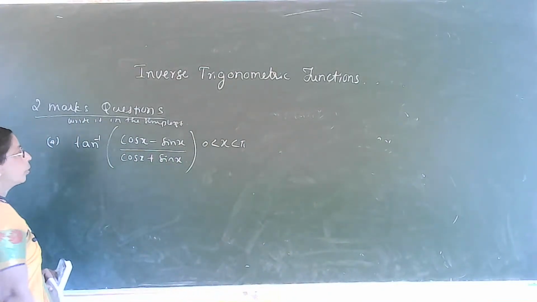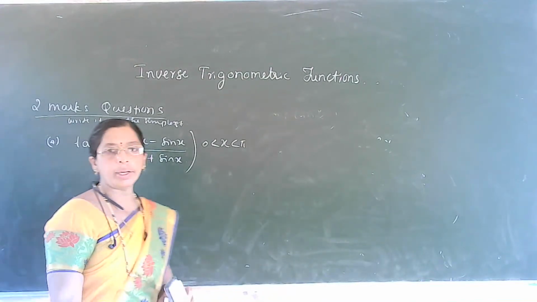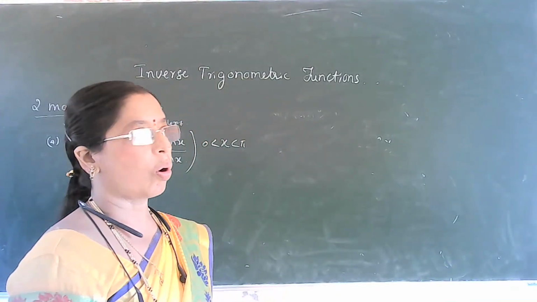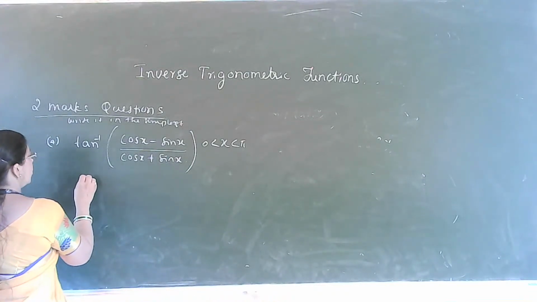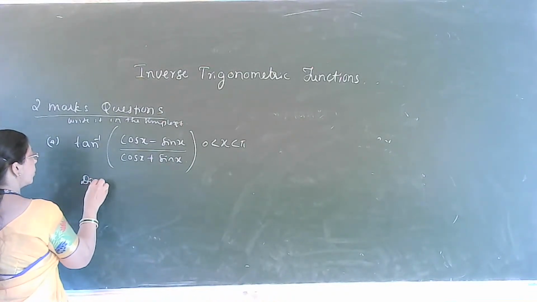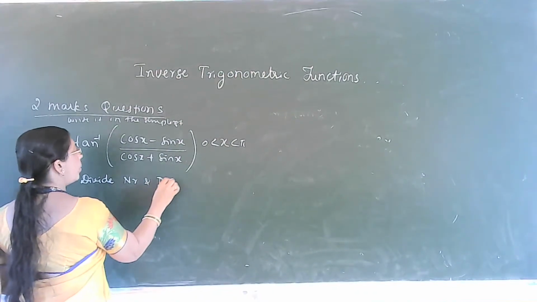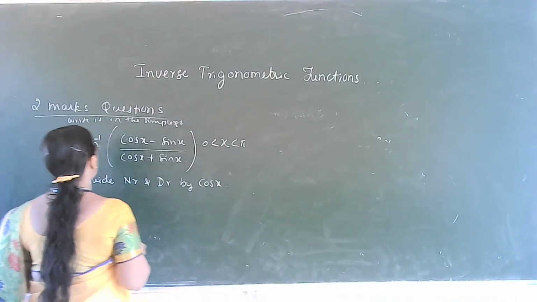To solve this problem, we divide numerator and denominator by cos x.